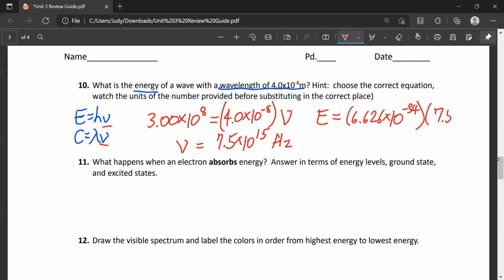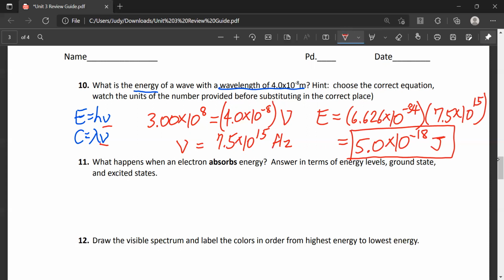So once you plug that in and solve for the answer, you should be able to get 5.0 times 10 to the negative 18 joules. And there you have it. So feel free to look back or go to the previous sections and be able to solve each of these questions thoroughly, because definitely these questions will be on the test.